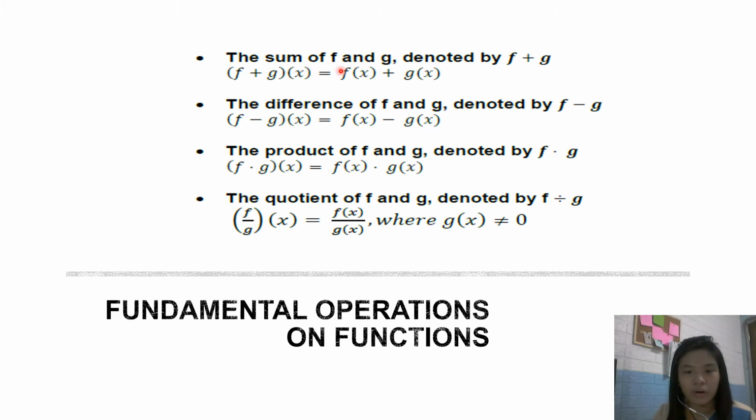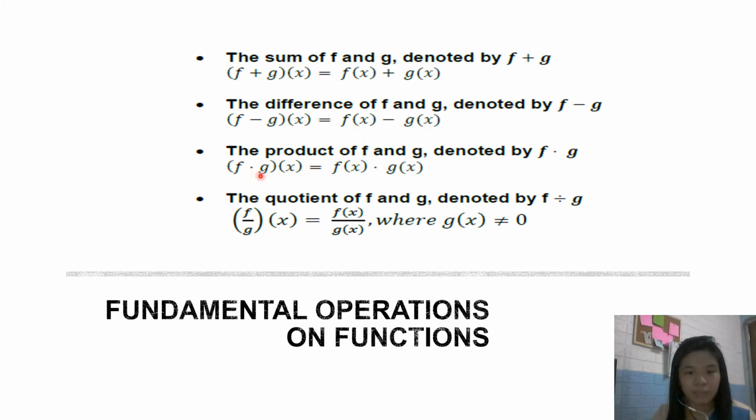The sum of f and g, denoted by f plus g, or f plus g of x, is also equal to f of x plus g of x. The difference is f minus g of x, or f of x minus g of x.